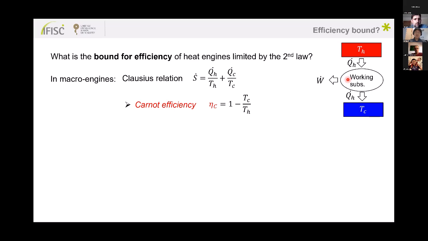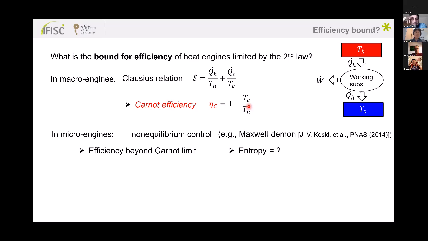This Clausius relation identifies the entropy production in this form, and the second law, that the entropy production should always be non-negative, determines the Carnot efficiency as a fundamental upper bound of the efficiency, which is determined just by the temperatures of the two baths and has a universal value.